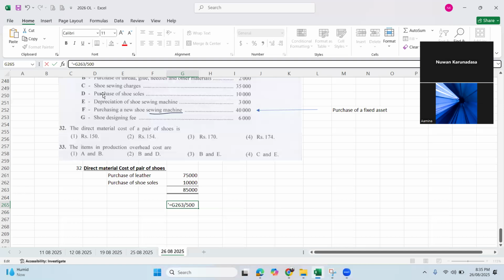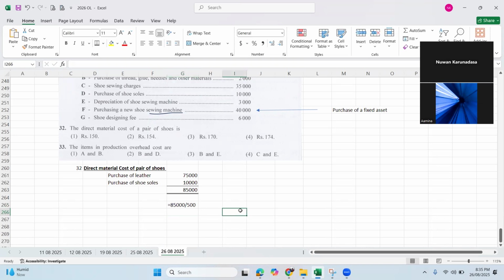So how do you take it? 85,000 divided by 500. It is 170 is the answer. It's done.